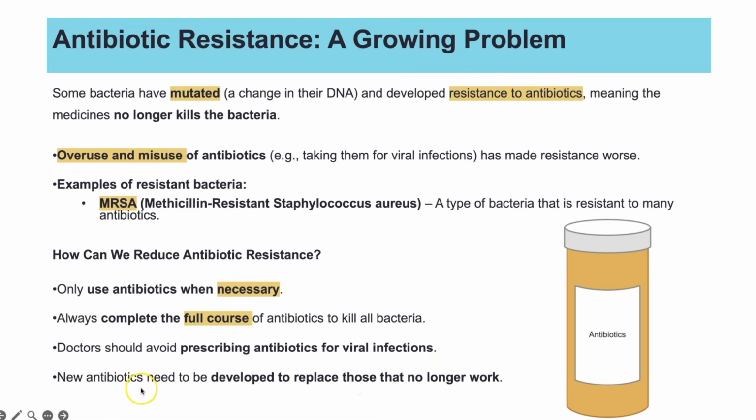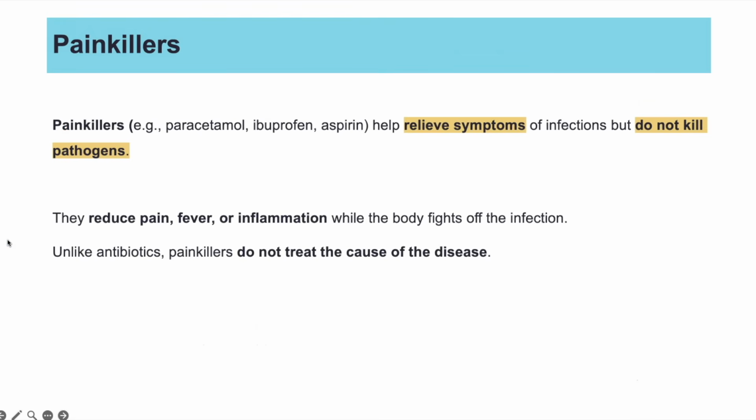New antibiotics also need to be developed to help to replace the ones that no longer work because bacteria are resistant to them. There's another type of medicine that you need to know about, which are painkillers. So paracetamol, ibuprofen, aspirin, you might be familiar with. And these do not kill the pathogen. So they're not going to cure any illnesses, but what they do is relieve symptoms, as the name suggests.